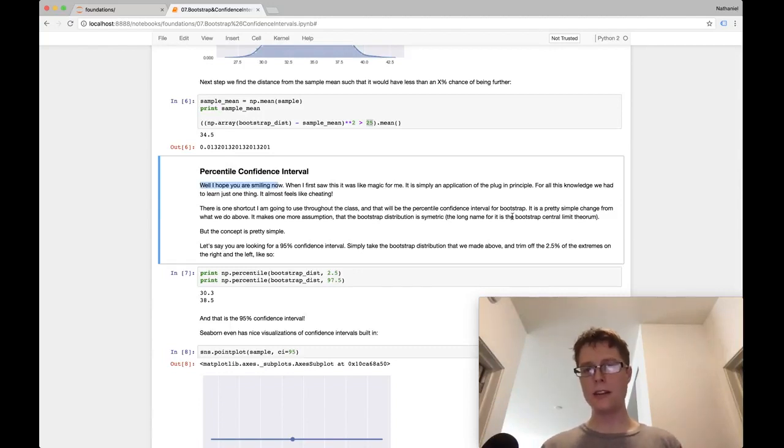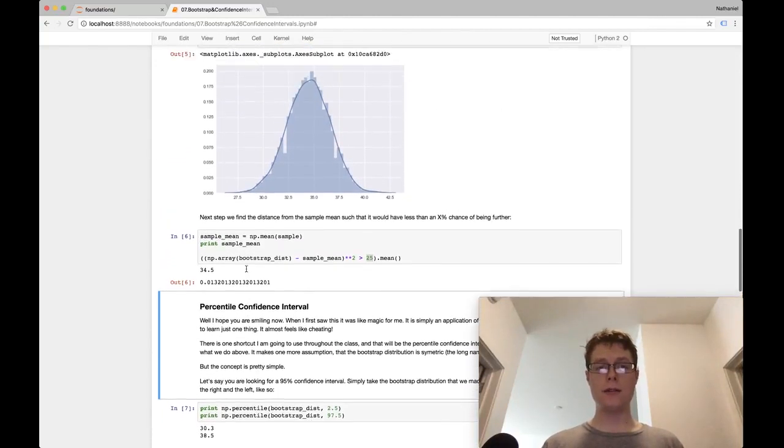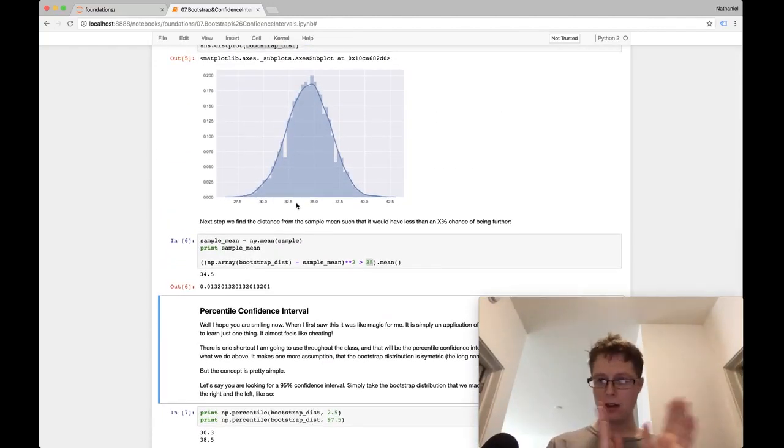The reason why it's fine is we have something called the bootstrap central limit theorem, which allows us to make this claim. This is the normal basic bootstrap confidence interval that's taught. In this case, instead of finding the true mean and then looking some distance on either side, we assume that the random events, the extreme events, are symmetrically distributed.